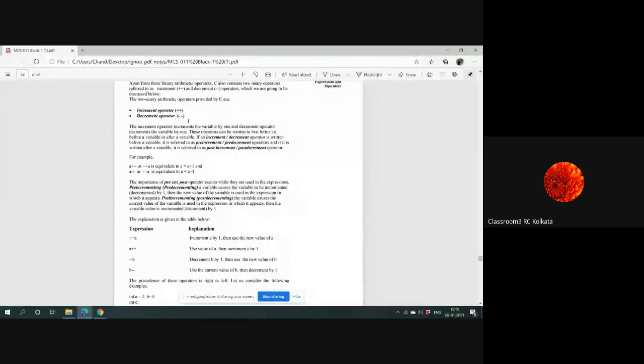Plus plus means, suppose I am writing a plus plus and plus plus a, both are equivalent to the situation a equals a plus 1. A minus minus or minus minus a, both are equivalent to the situation a equals a minus 1.